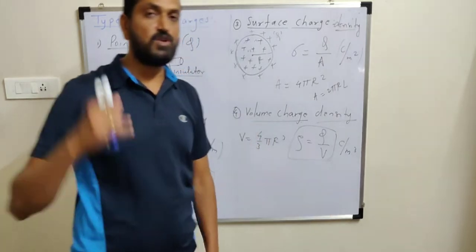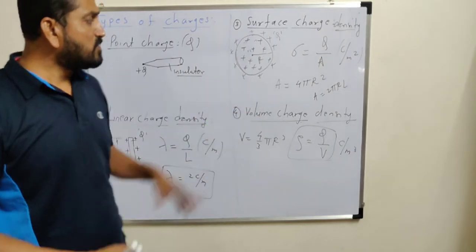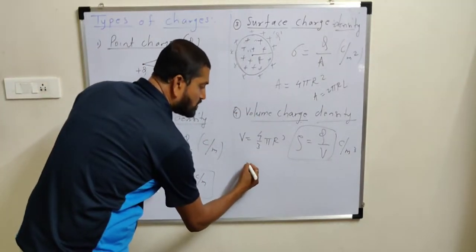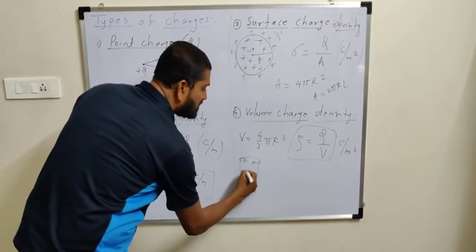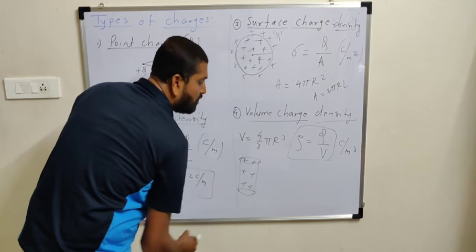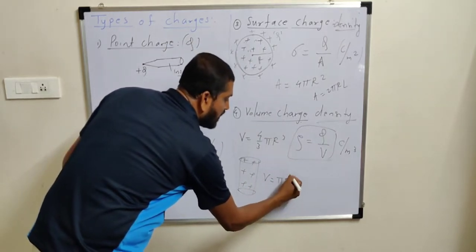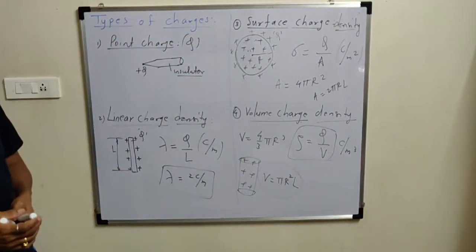This is the definition of volume charge density. Very, very important. So the SI unit comes out as coulomb per meter cube. Now see here, if a solid sphere is there, the volume is 4 by 3 pi r cube. Like that, if you imagine a solid cylinder and the total charge spreads everywhere in its volume, then the volume of the cylinder is pi r square into L. This is the formula to be used for the volume of a solid cylinder.